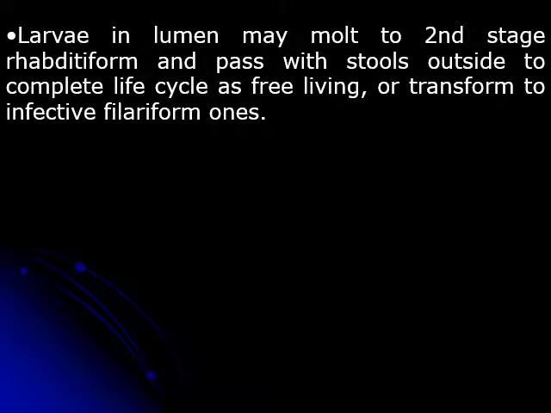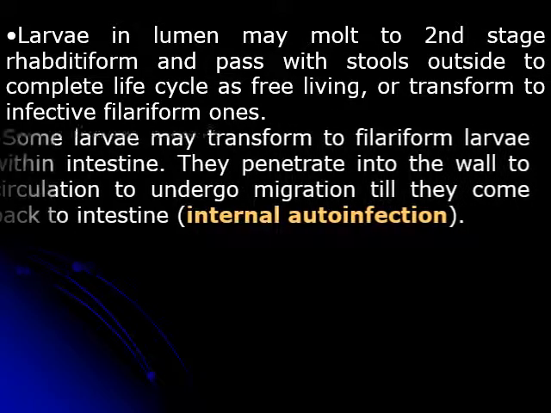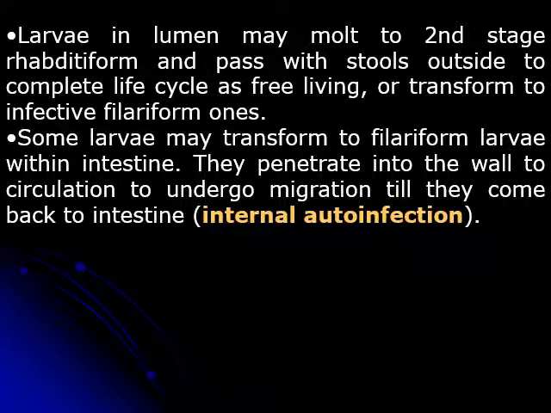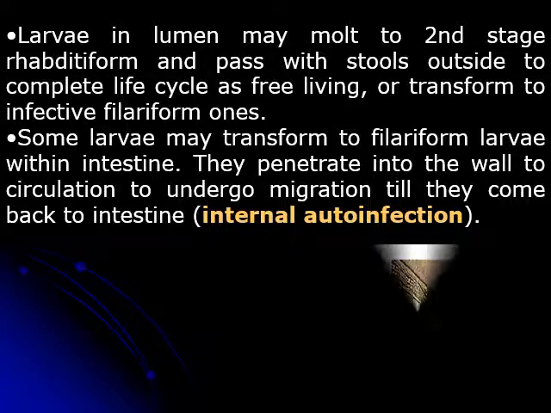Larvae in the lumen may molt to the second stage rhabditiform larva and pass with stools outside to complete the life cycle as free-living, or transform into infective filariform larvae. Some larvae may transform to filariform larvae within the intestine. They penetrate into the wall to the circulation to undergo migration till they come back to the intestine, which is called internal auto-infection.